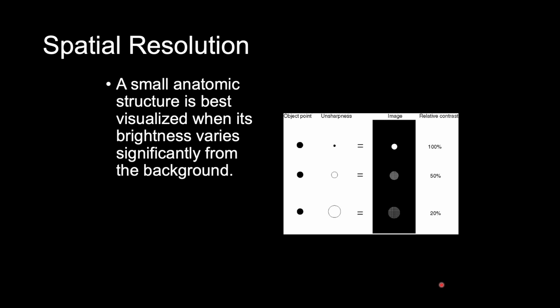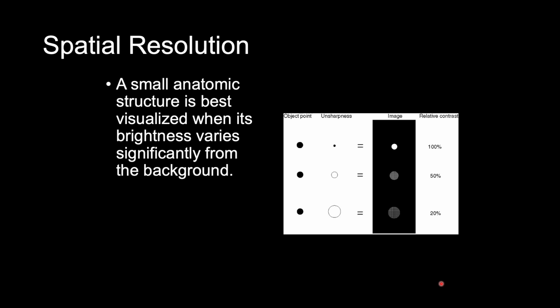The spreading of the structural lines with increased unsharpness decreases the differences in brightness or density between the structural lines of the area of interest and that background. As a result, the difference in brightness between the area of interest and the background becomes less, lower contrast, and the visibility of the anatomic structure is reduced, and it actually becomes a part of the background and we don't see the difference.